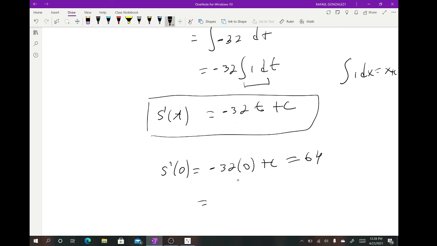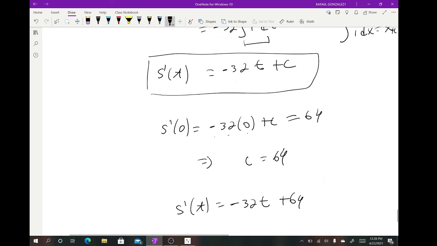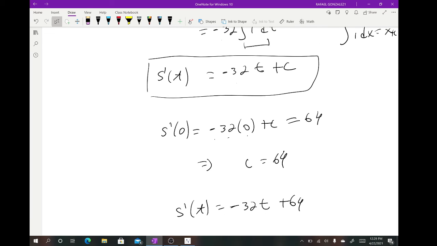Negative 32 times 0 is just 0, so c is equal to 64. So now we can rewrite s prime of t, the derivative or velocity, as negative 32t plus 64. Instead of plus c, we got rid of the plus c and substituted the 64. This is what we call c1, because it's the first c that we solved for.